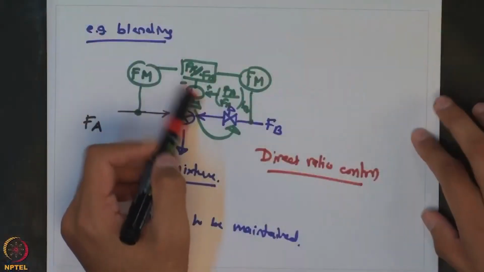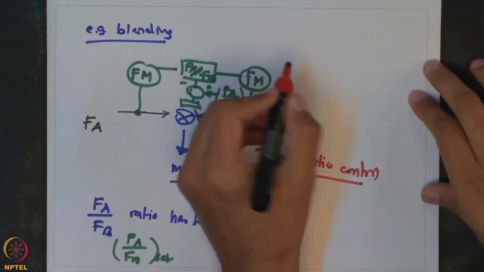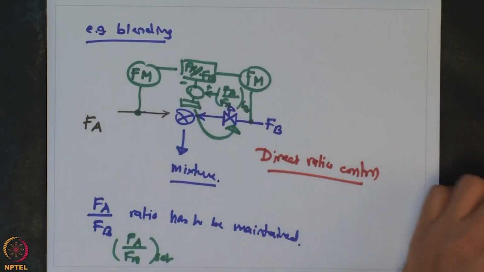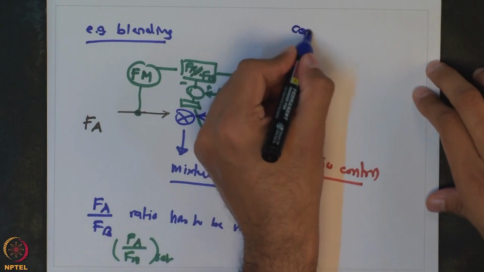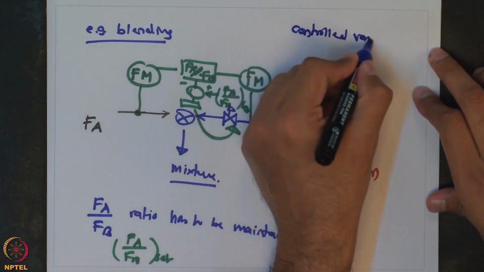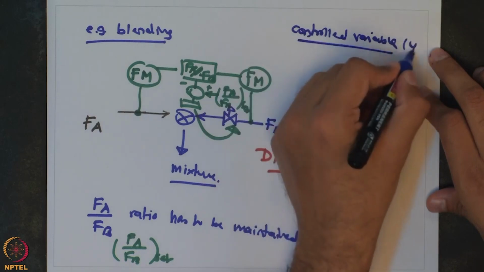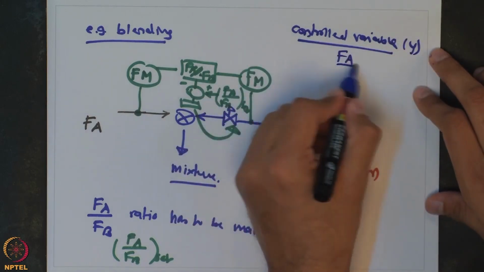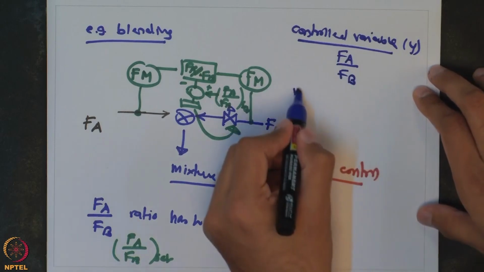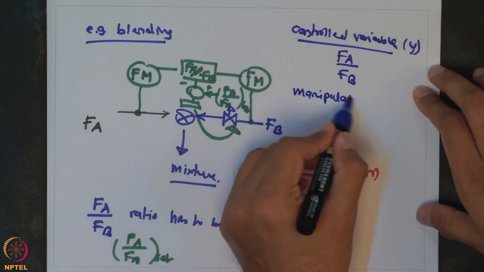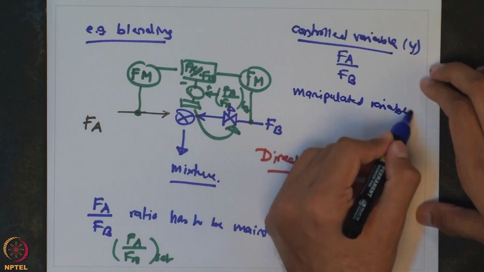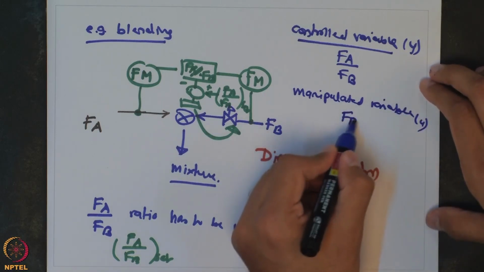However, it suffers from a drawback that this particular control strategy is sort of non-linear. What do I mean by that is, if you look at this controller, the controlled variable, which we generally designate as y, is FA over FB, and the manipulated variable u is FB.